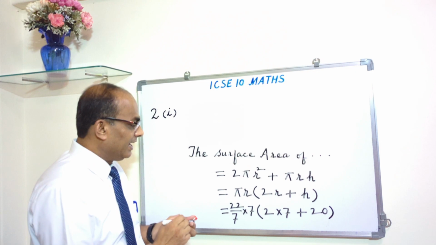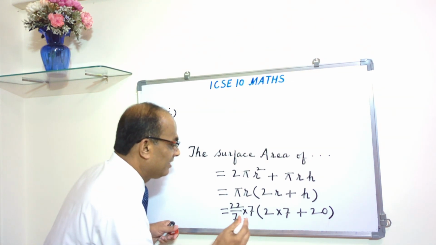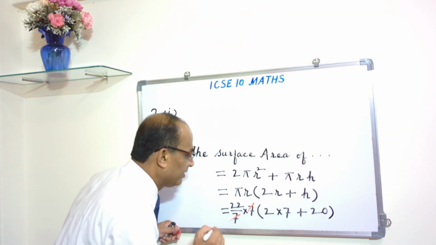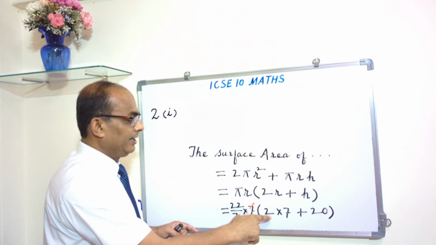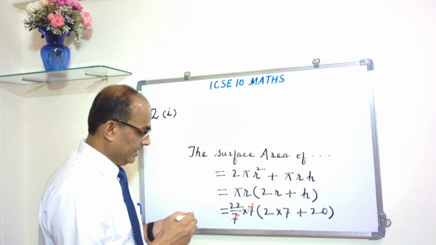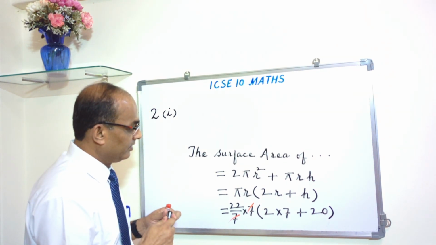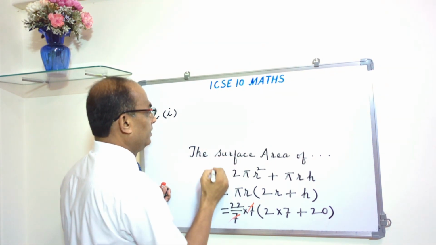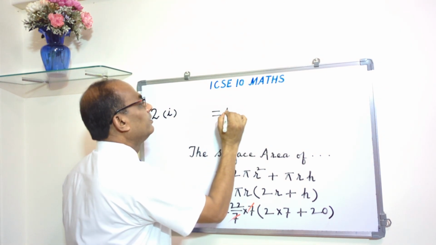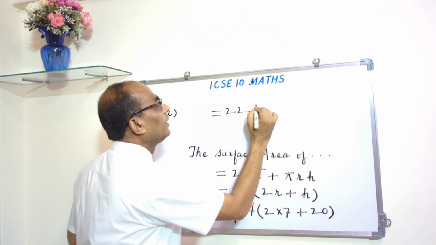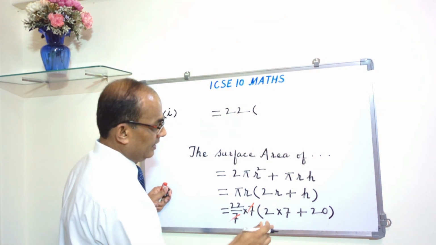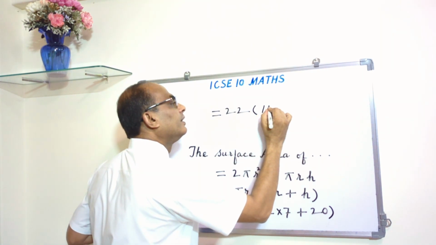Fine. Now see the cancellation. This 7 is cancelled with this 7. How much is remaining? 22, and in bracket 2 into 7 is 14 plus 20. I am writing all these steps. So that is equal to 22, and in bracket 14 plus 20.